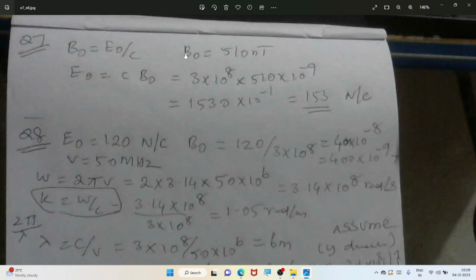Given the magnetic field, electric field equal to C into magnetic field, 3 into 10 power 8. This is the electric field, Newton per coulomb.